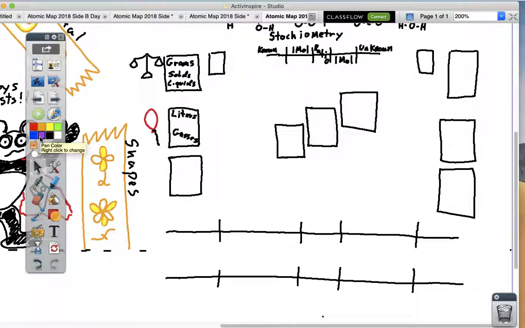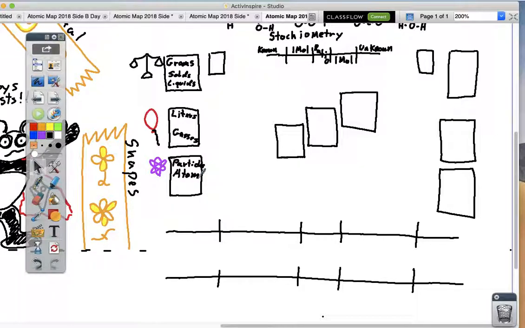Okay, so the next one is particles. We have particles, and the two types of particles we typically use are atoms. So I could say we have 150 bazillion atoms of this. Now I want to know how many of it it'll make.